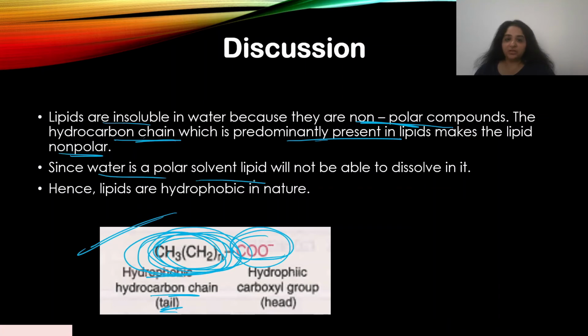Since water is a polar solvent, lipids will not be able to dissolve in it, hence lipids are hydrophobic in nature. Only the polar part would dissolve, and that's a very small part of the whole lipid chain. So the hydrophobic part forms a major part of the lipid chain. So they are majorly insoluble in water and they are hydrophobic in nature.